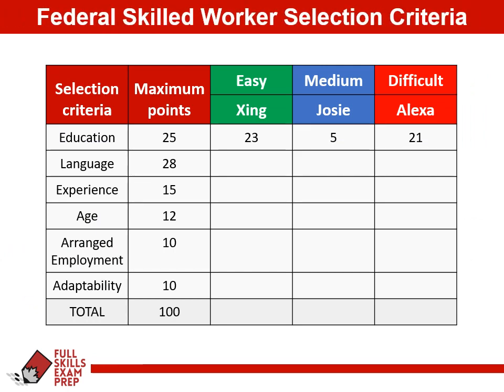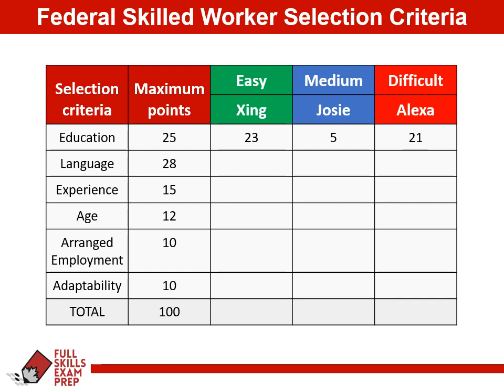So if you're working your way through your points grid, you should have this to begin. So with Shing, we're at 23 points in terms of education, so she almost met the maximum because of that master's degree. Josie was on the other end, so Josie met the bare minimum in that she only had a high school diploma.